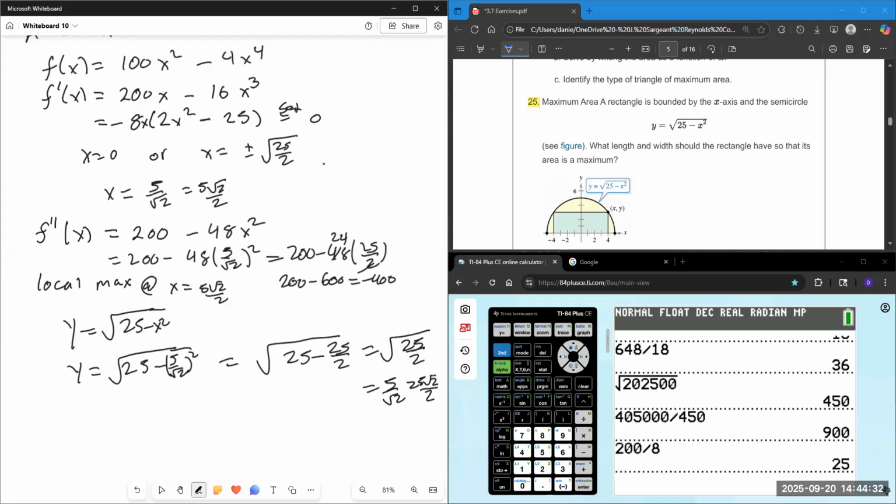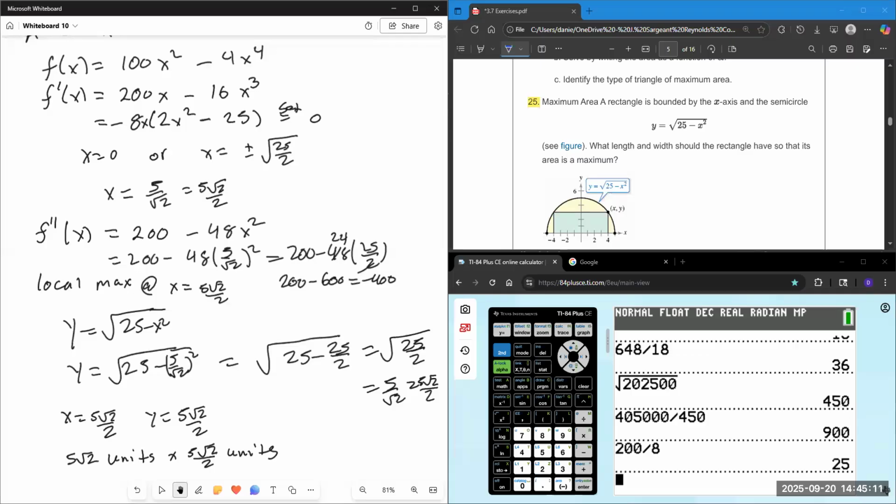So x is 5 root 2 over 2, y is 5 root 2 over 2, but those are not the dimensions of my rectangle. Remember, my length needs to be 2 times x. So this is going to be 5 root 2 by 5 root 2 over 2, and I'll say units because they didn't tell me what my units were here. Those units will give me the maximum area.